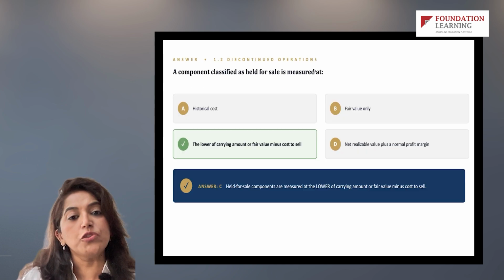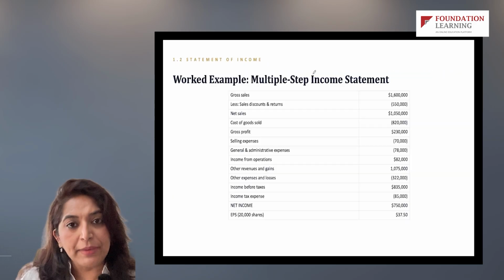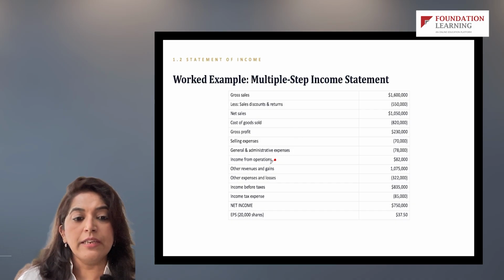Now one thing which you should know here is when we look at a multi-step income statement, right? Let's look at a multi-step income statement. Now what we have calculated at this point is this one, income from operations. Here we have separately calculated income before taxes, and then we calculated income tax expense.